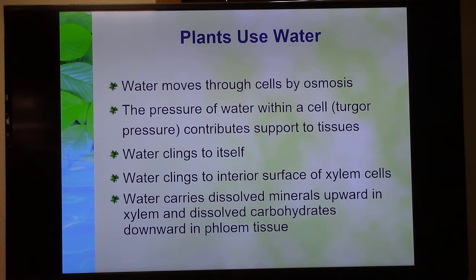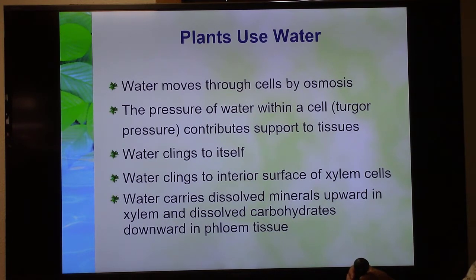Water always moves through a membrane from where it's concentrated to where it's less concentrated. And in large cases, that means from the soil and into the plant.